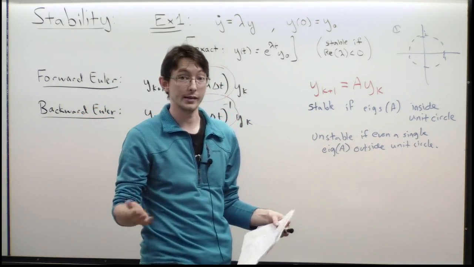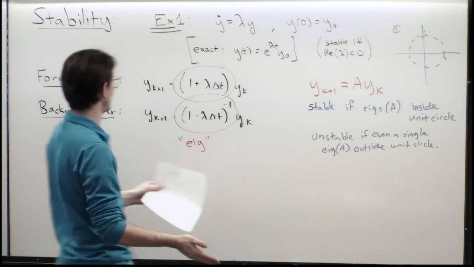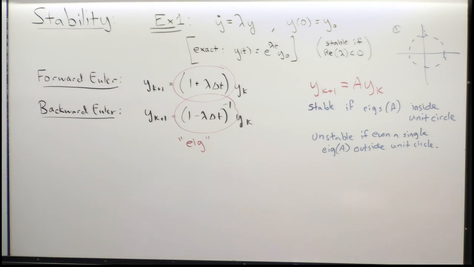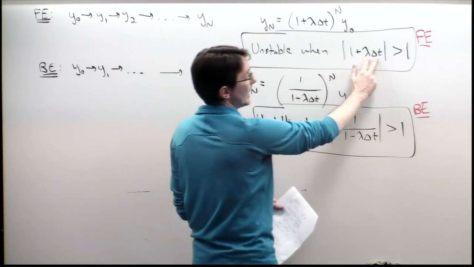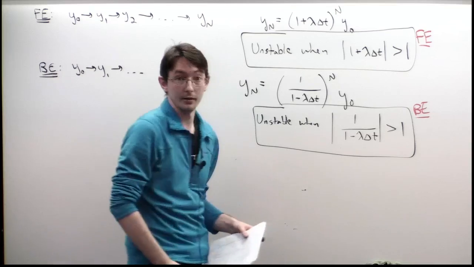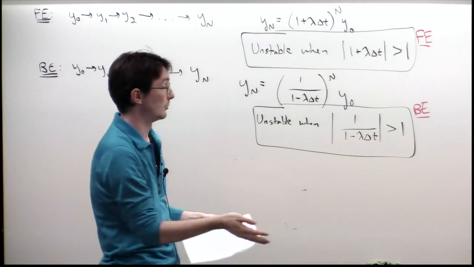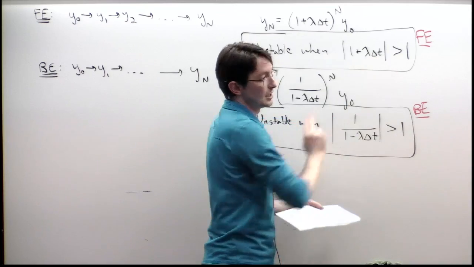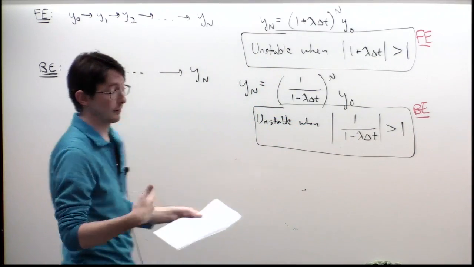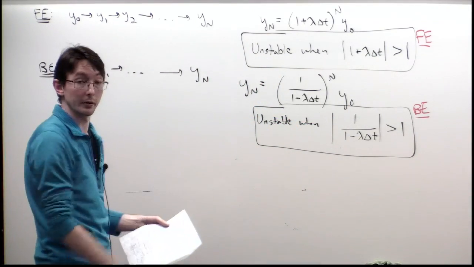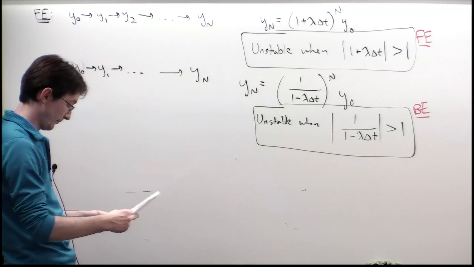If the real part's positive, it will be unstable. But over here, our numerical scheme actually depends on lambda times delta t. So it doesn't suffice just for my true system to be stable. If I choose delta t poorly, my numerical iteration might in fact be unstable.